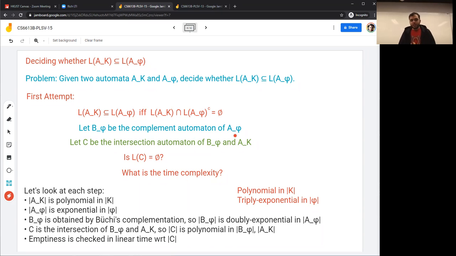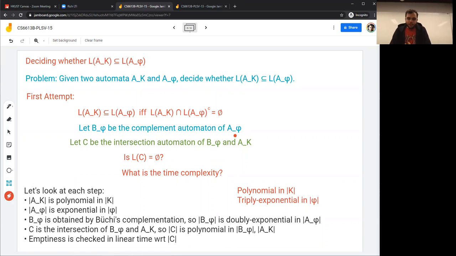So if you remember when I told you about the algorithm of Büchi for complementation, I told you that its use case is just theoretical. It just shows that you can do the complementation, but it's not really meant to be used in any applications. So we've already seen a case where complementation was easy. What was that case?